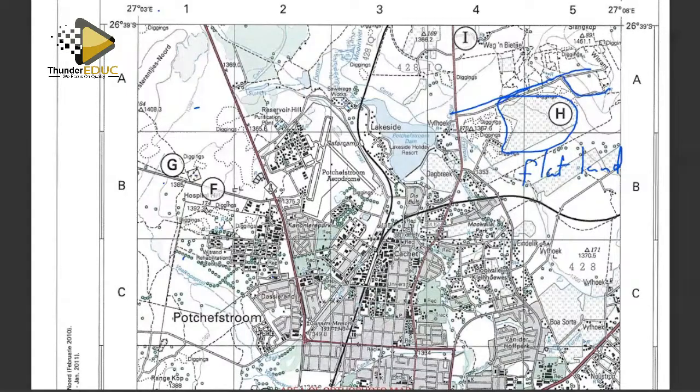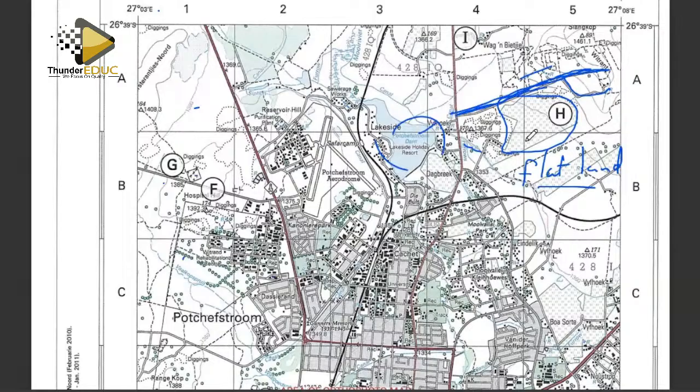We need to transport the final product to the market, and also we need to get raw materials to the farm, and also we need to transport the labor. So flatland and also the road network can be promoting factors. And also we can say availability of water. We can see there is Potchefstroom Dam here, and there are some furrows coming from the dam and some reservoirs around the area, meaning they possibly extract water from the Potchefstroom Dam.